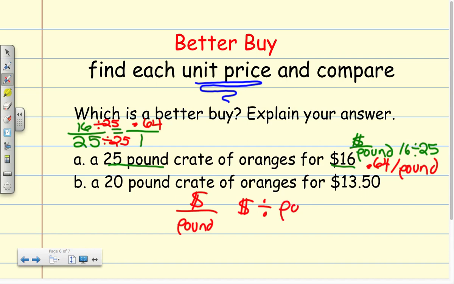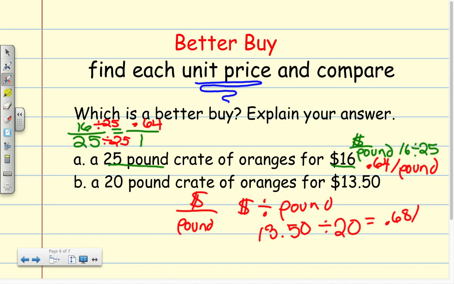So it's 13.50 divided by 20. So 13.5 divided by 20 is 0.675, but money is only rounded to 2 places. So this is $0.68 per pound.